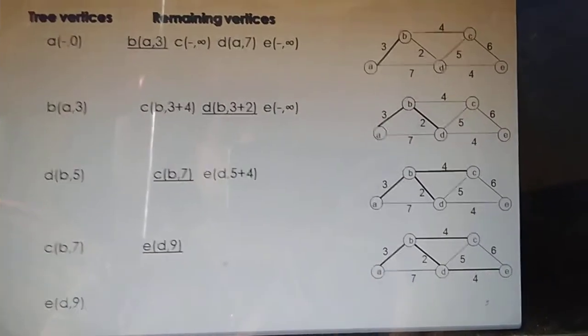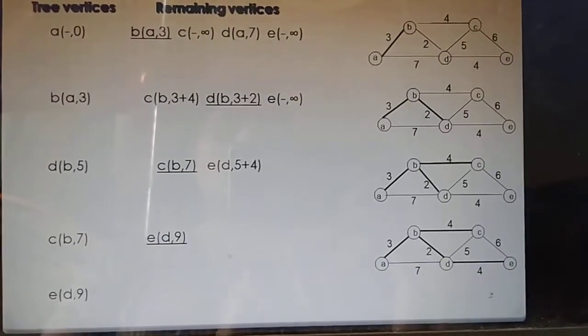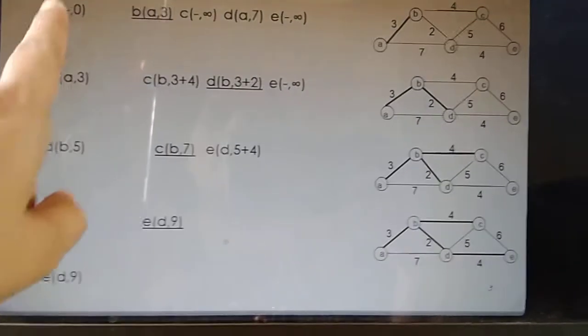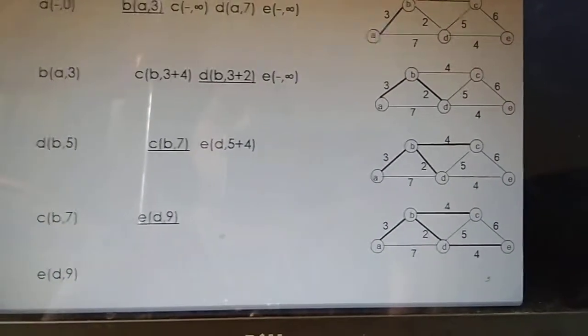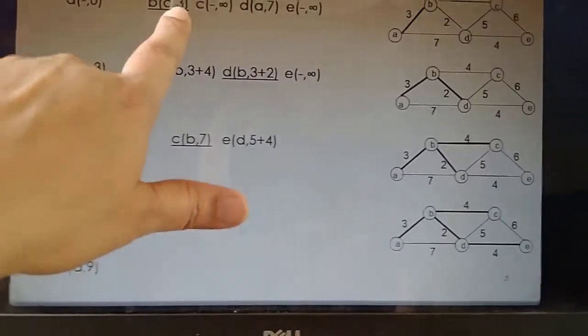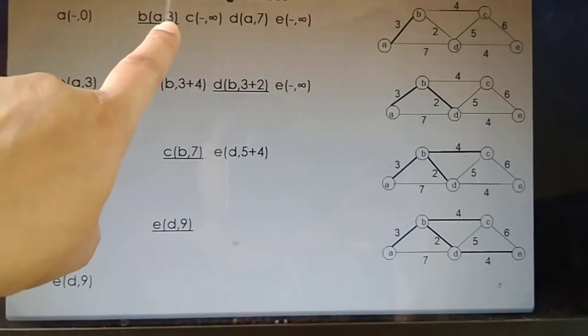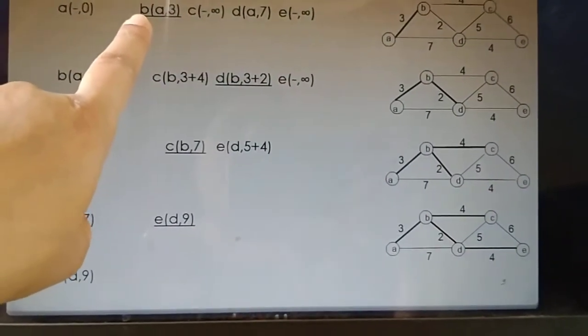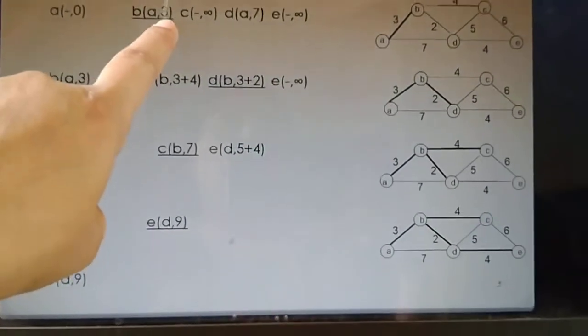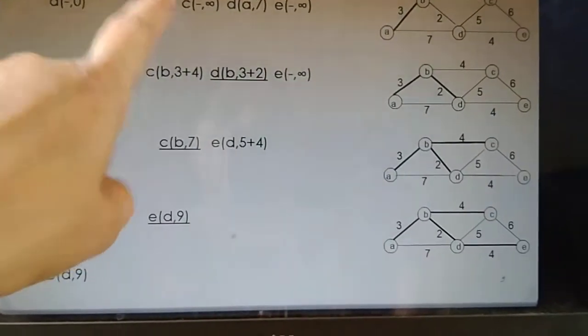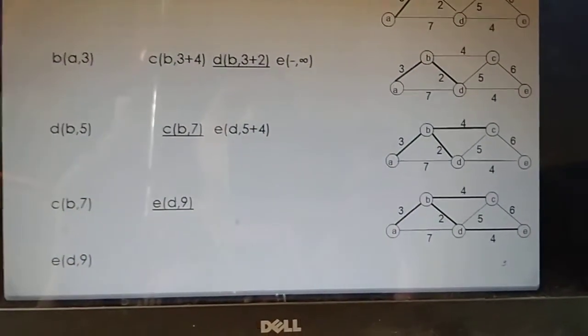So here I find D of U, which is a minimum, that is 3. U is B, D of U is 3. So I got U and D of U.